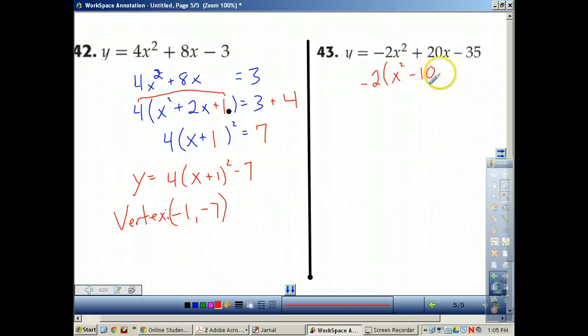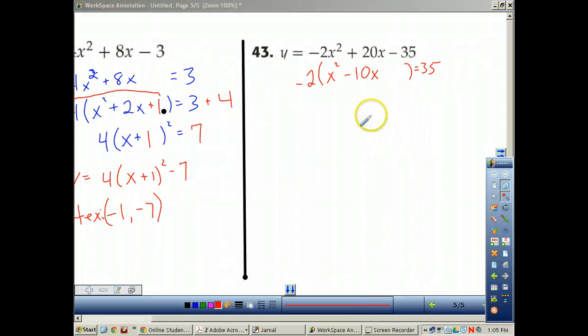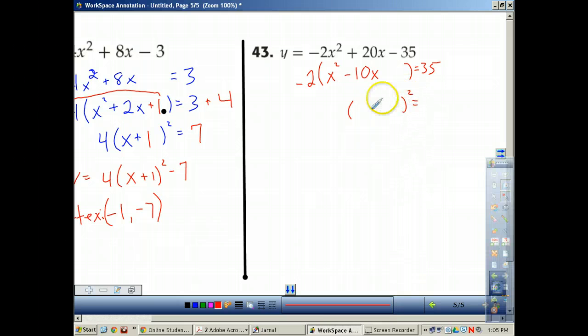Negative 10. So if you forget to check your work and make sure it actually multiplies back, you could get yourself in trouble. And then the other side we end up with equals 35. So from here on out, it should be correct. But yeah, one little negative can cost you everything.